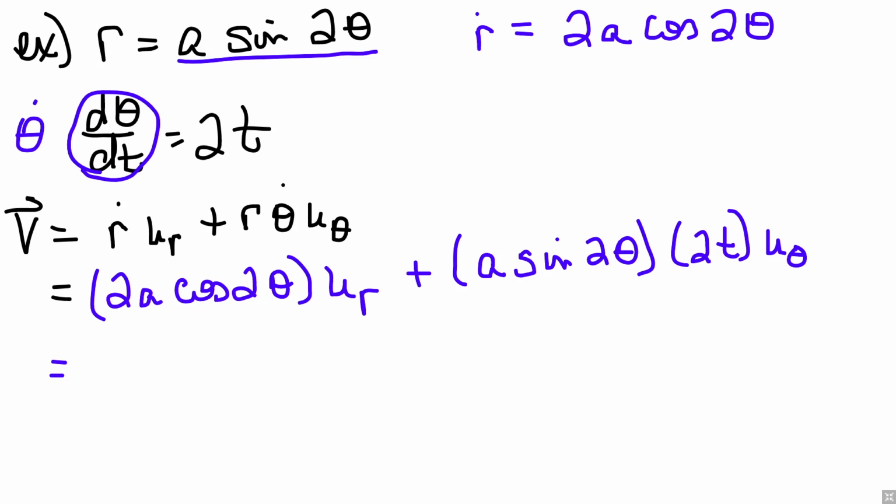When we're doing r dot, it's the derivative with respect to time, because it does have to match the variable here. So we have to multiply this by d theta dt. So for this first piece, I've got to add in just a little bit more. I've got to multiply this by d theta dt, which is 2t, times u of r.